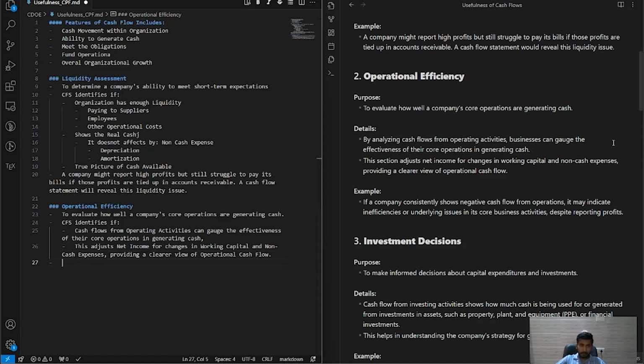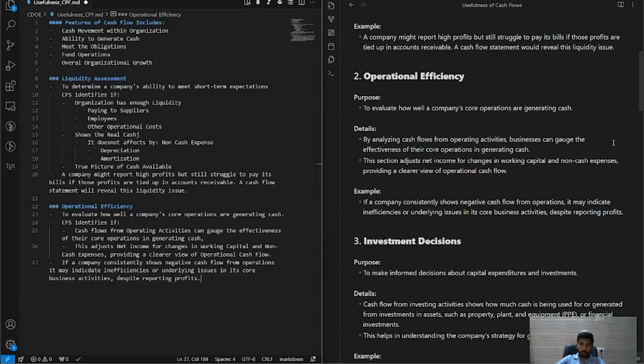Okay, we talk about an example. If a company consistently shows negative cash flow from operations, it may indicate inefficiencies or underlying issues in its core business activities, despite reporting profits.